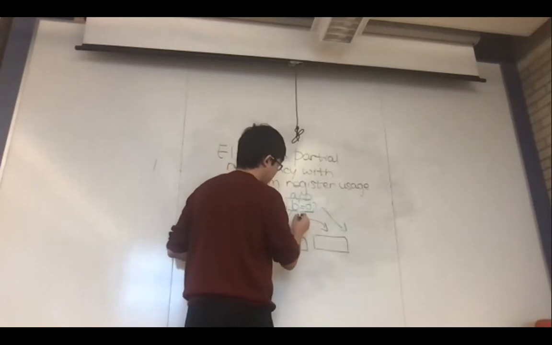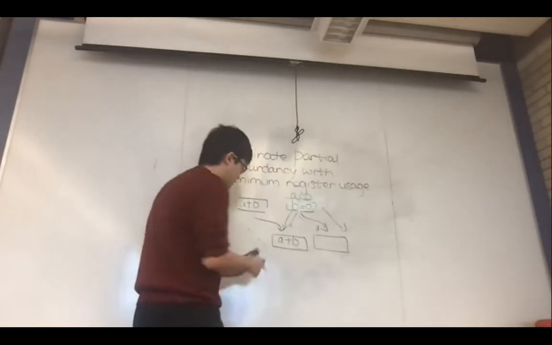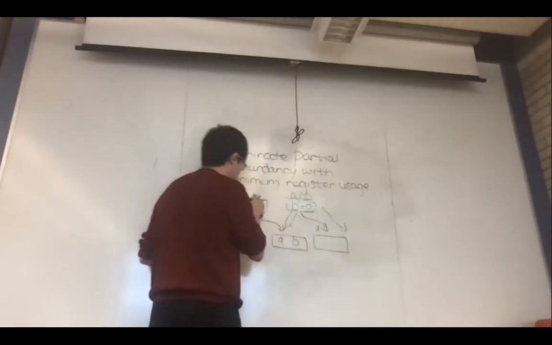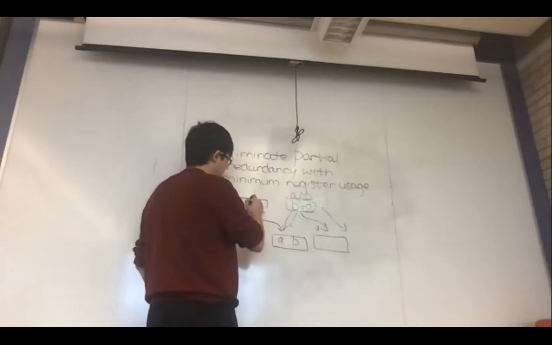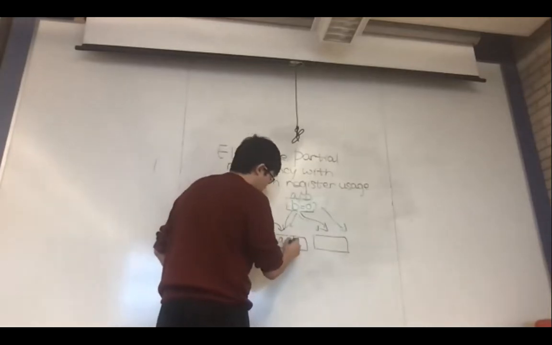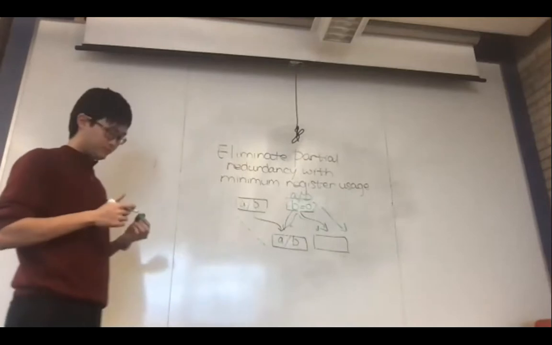If it is equal to 0, we'll go to this side. If it is not equal to 0, we'll go to this side. So similarly, the expression that we have is not a plus b, but a divided by b instead.